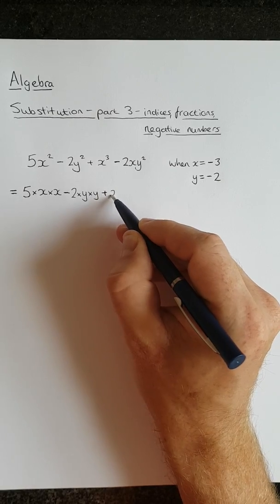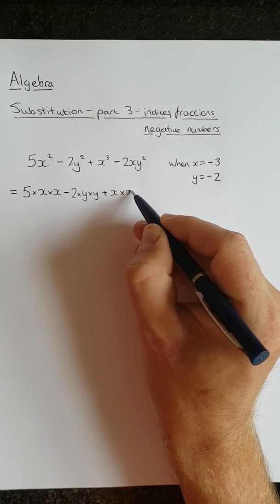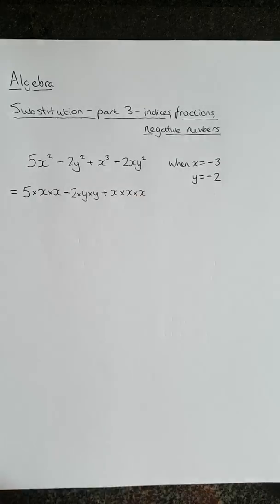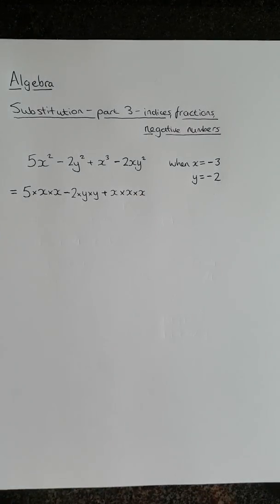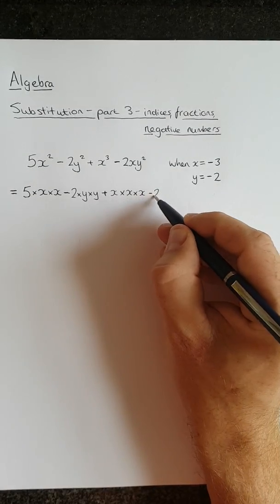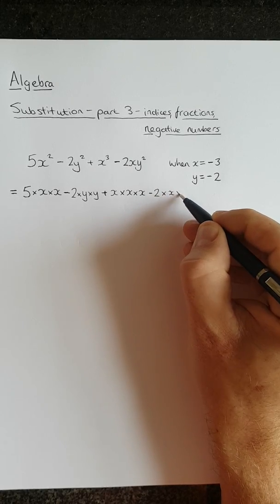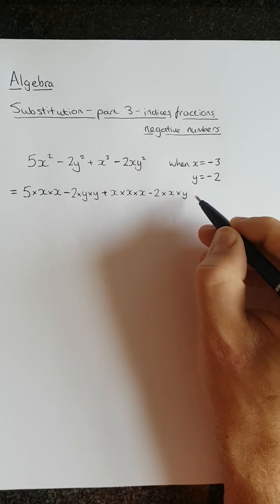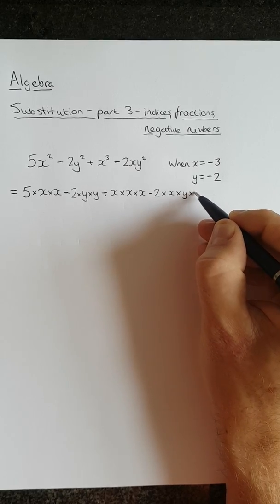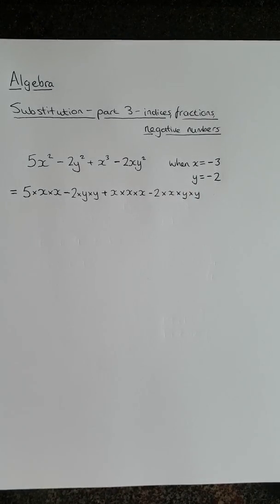Add to it x multiplied by x multiplied by x. And then subtract 2 multiplied by x multiplied by y multiplied by y.